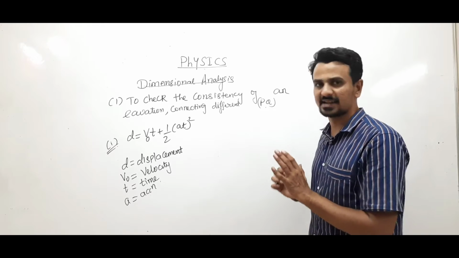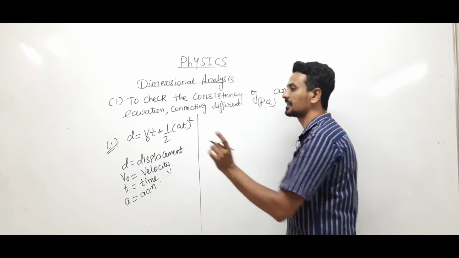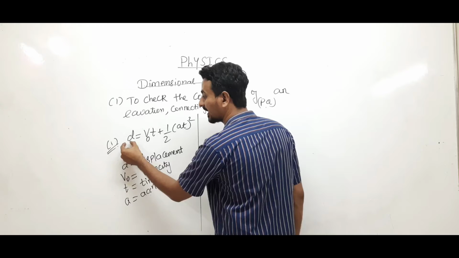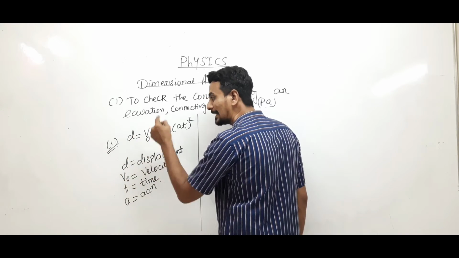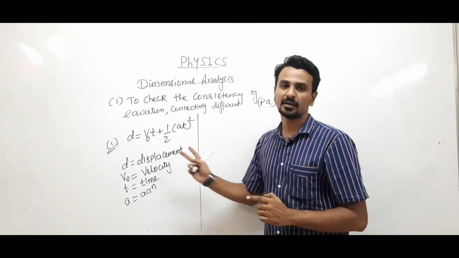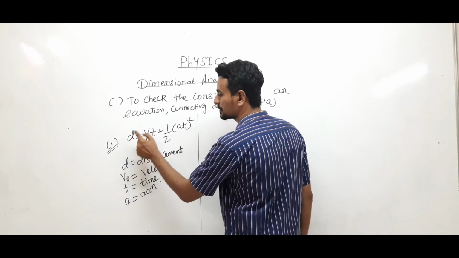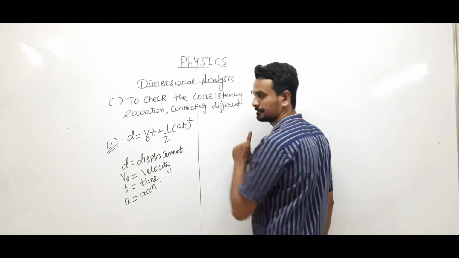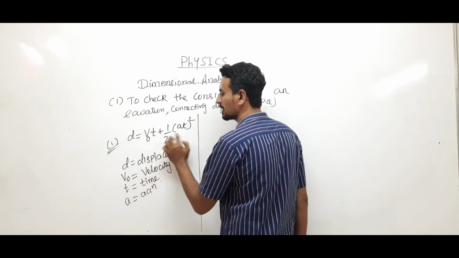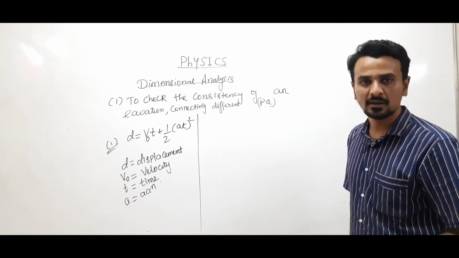If the equation is dimensionally correct, then remember one thing: the dimensional formula of the physical quantity written on the left side must be equal to the dimensional formula of the terms written on the right side. That means all these three terms, two terms on the right side and one term on the left side, must have the same dimensional formula.